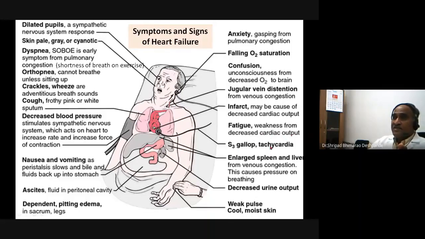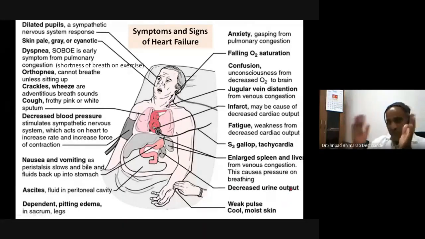Now, if you look at the heart rate, there is an increased heart rate, and it may be increasing faster. That is a gallop. You may hear the third heart sound, S3. You may also have the liver and the spleen enlarged, and the urinary output decreased.